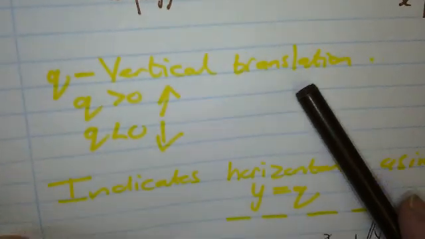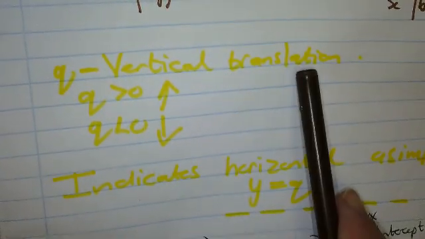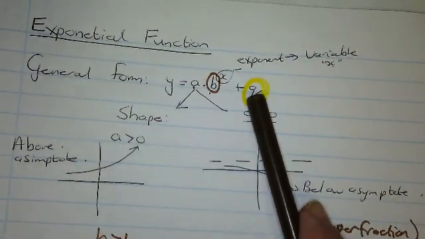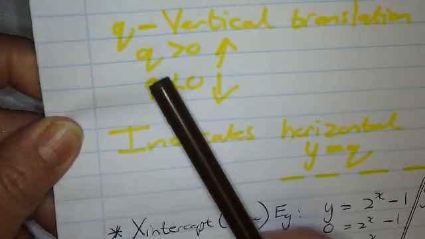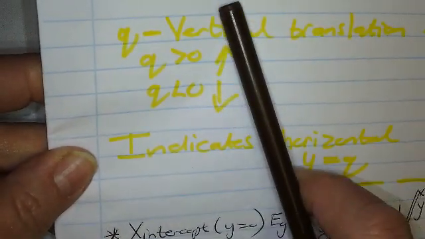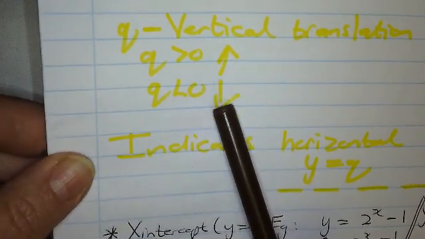If you look at the influence or the effect of q, q is your vertical translation. So that's the constant right at the end. Right at the end, that's the constant there. So if it's a positive value, the graph is shifting upwards. If it's a negative value, the graph is shifting downwards.